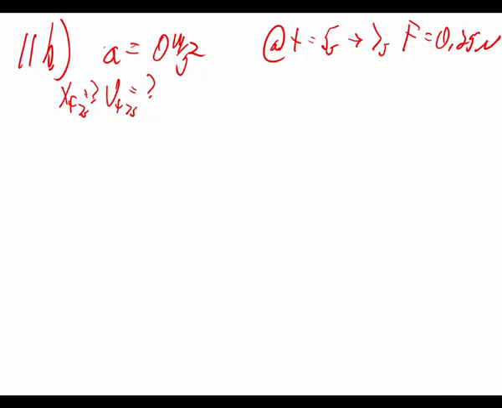Now, to be able to find this one right here, we've got to find the displacement during that 3-second interval, right? All right, so what was it? X final at 2 seconds is equal to what?